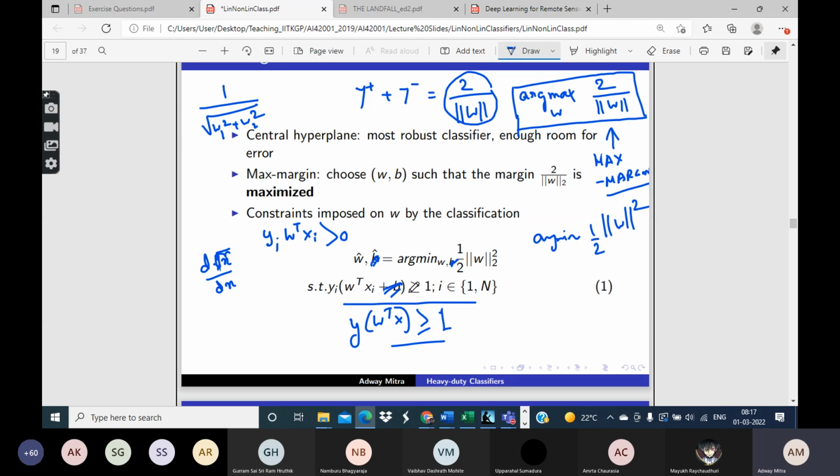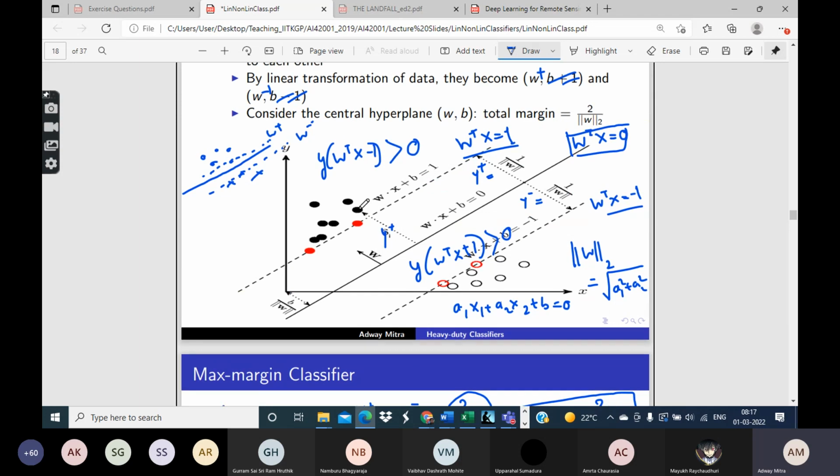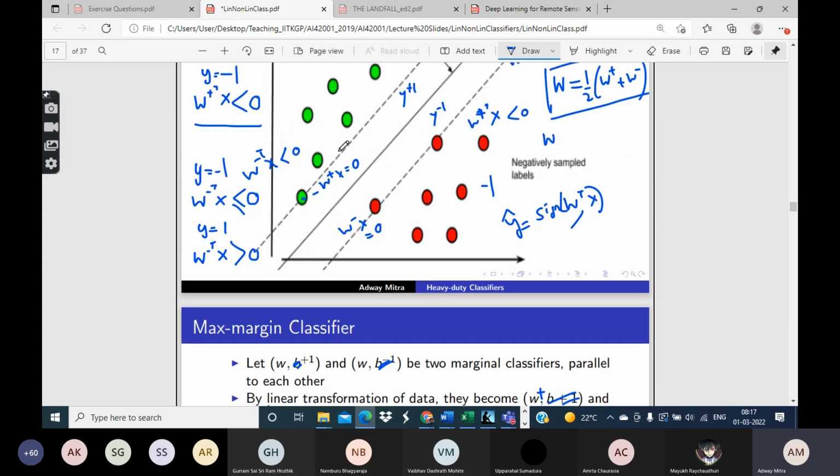but conditioned on the criteria that all these points are correctly classified, not only with respect to the main classifier W transpose X equal to 0, but also with respect to the marginal classifiers. As you can see, the marginal classifiers are defined in such a way that they themselves can do the classification, albeit that some points will be sitting on them, but no points will be misclassified with respect to the marginal classifiers.